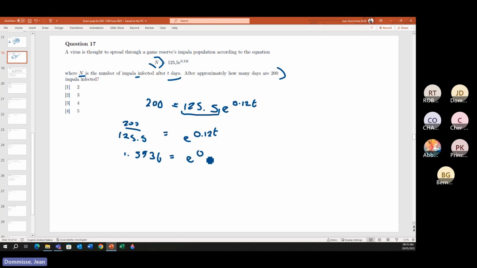And then out of your laws of log and things like that in chapter 2 or 3, if I can remember. So now to get rid of the e, we say ln or log on both sides.